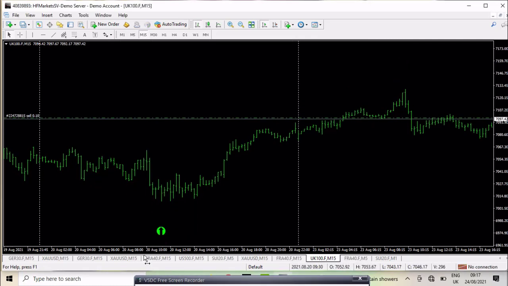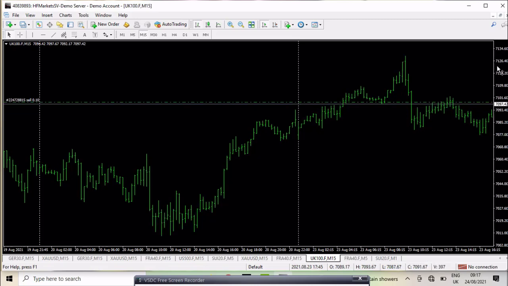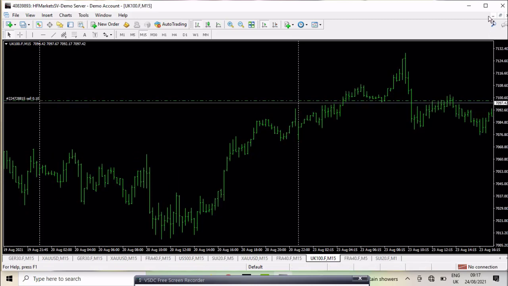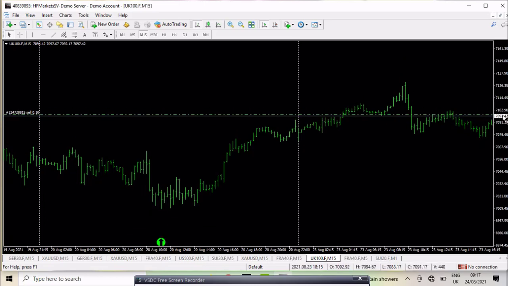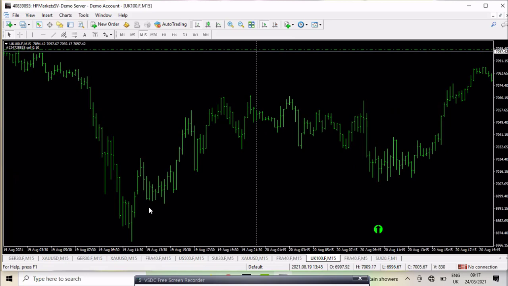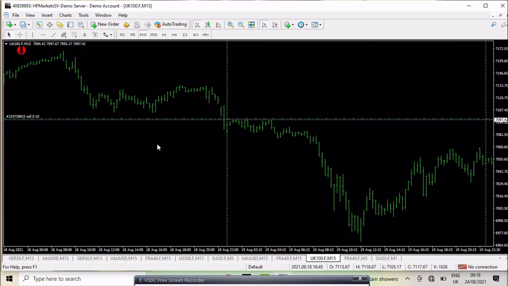So here is another one for a buy signal, and most of the time you have to squeeze your chart so that you see the arrow. And here is this for a buy, and here's another one for a sell.